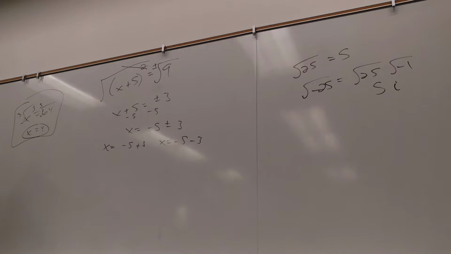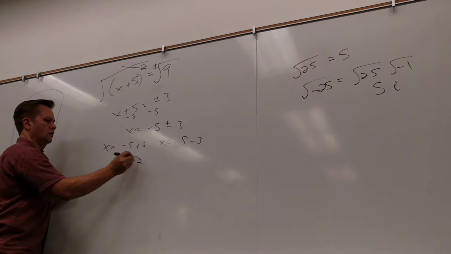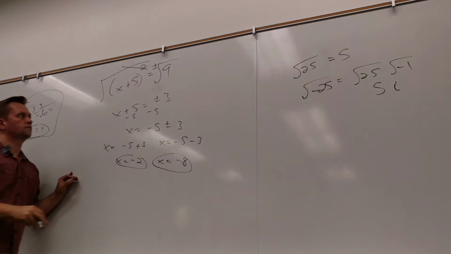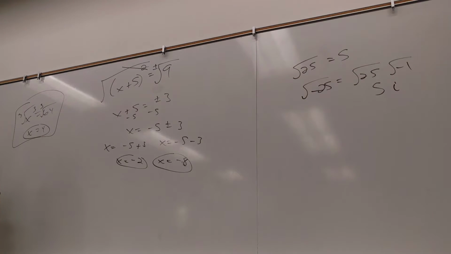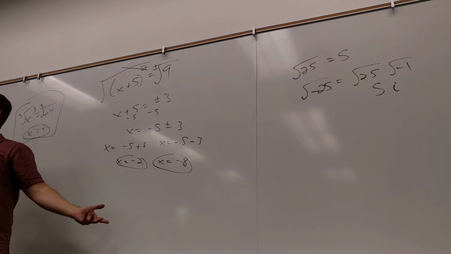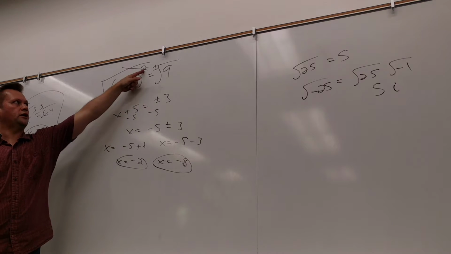Especially when it's like terms, you can put them together. Negative 5 plus 3. Negative 5 minus 3. Now you can check it. The nice thing is, you can check it to make sure the answer is right. None of them are going to make the problem undefined, because I'm squaring, not square rooting.